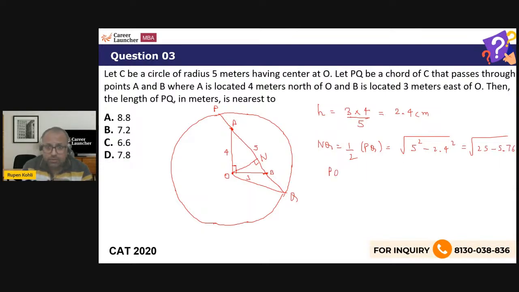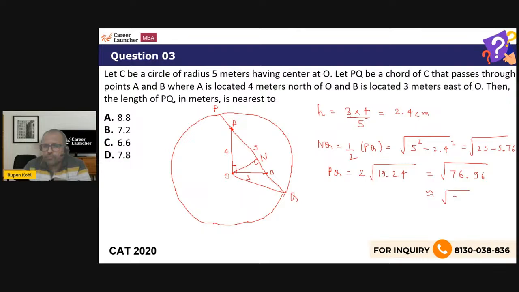So PQ is twice root of 19.24, 25 minus 5.76. I would take the 2 inside, because I don't want to calculate the square root of 19.24 separately and double that. I would just want to do the whole under root, taking it inside. So 4 times of this: 19 into 4 is 76, 0.24 into 4 is 0.96.